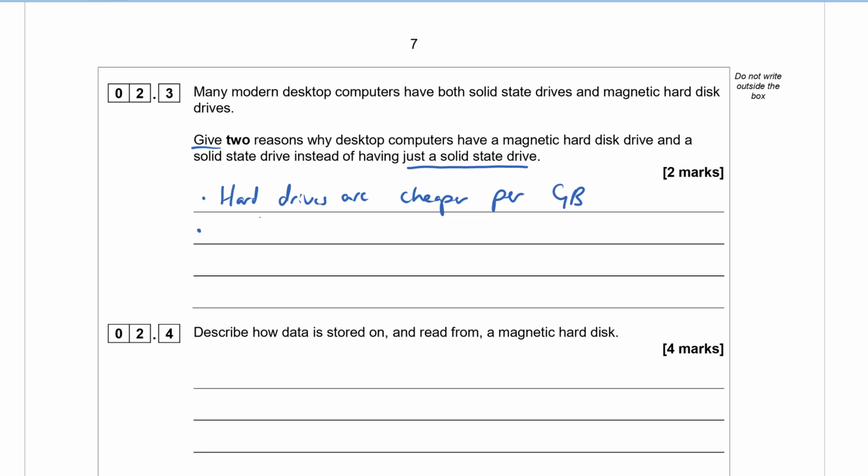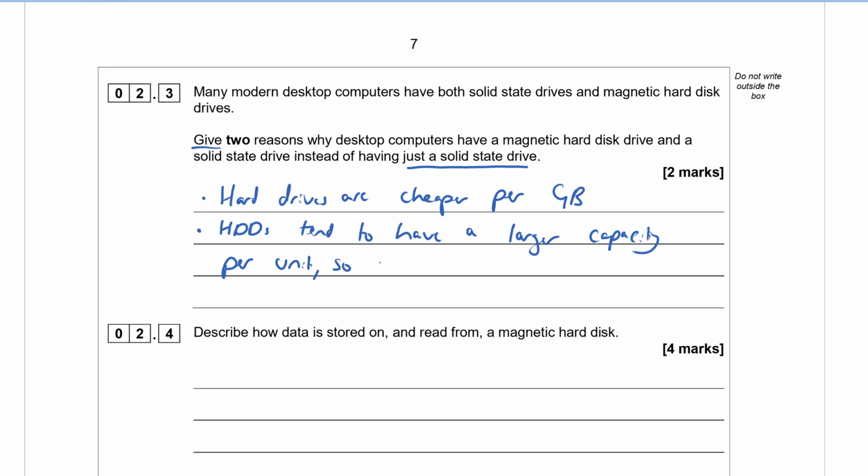But also, hard drives, just HDDs, tend to have a larger capacity. We can say per unit, because again, the cost is obviously tied to the capacity, but per unit, you might get, say, an 8 terabyte hard drive, whereas SSDs might only be up to a few terabytes maximum.